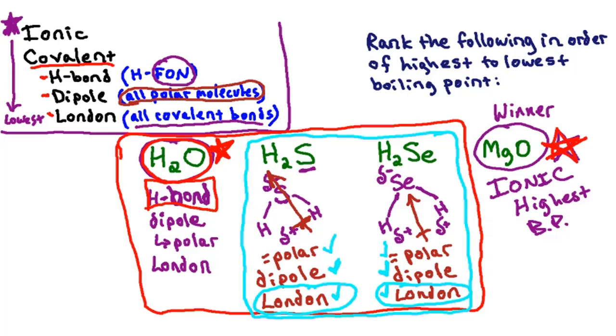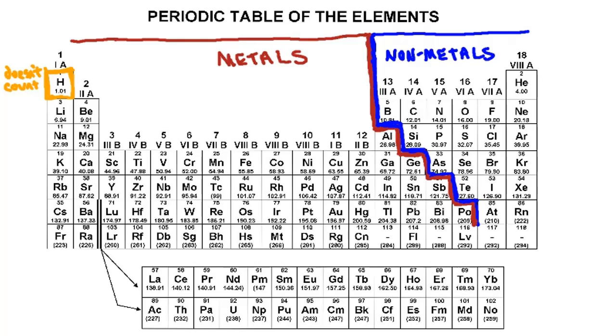And the way we do that is we count the number of electrons in these molecules. Hydrogen each has one electron, and there are two hydrogens here. So that makes 2 electrons for the hydrogen in this and 2 electrons for the hydrogen in this. So really it all boils down to the sulfur or the selenium, which one is larger. For that we can look at the periodic table.